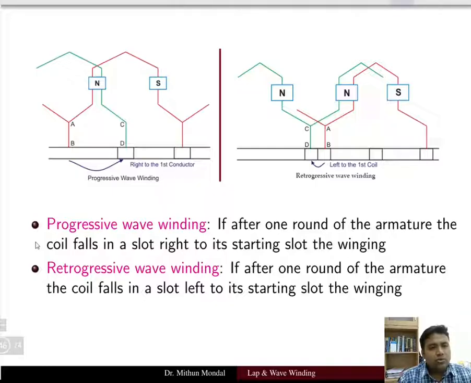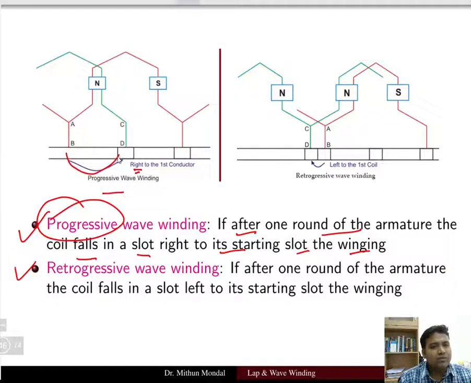Now here also you can have a progressive wave winding or retrogressive wave winding. If after one round of the armature the coil falls in a slot right of its starting slot, then it is known as progressive wave winding. So here you can see that this is falling to the right of the first conductor.